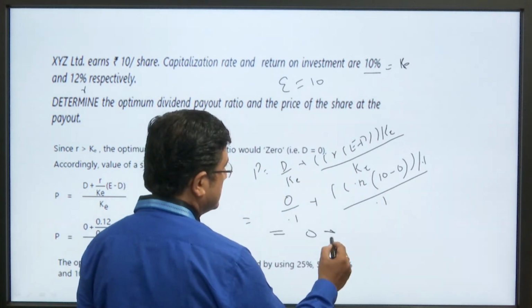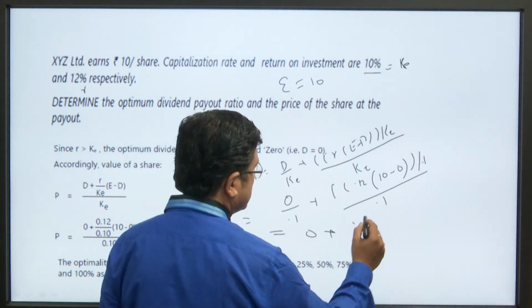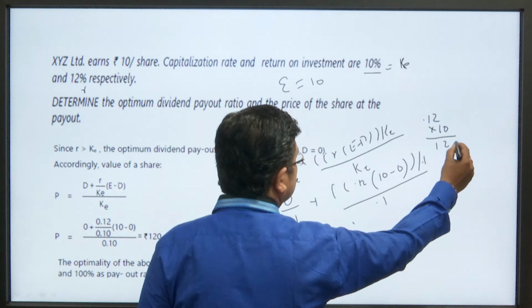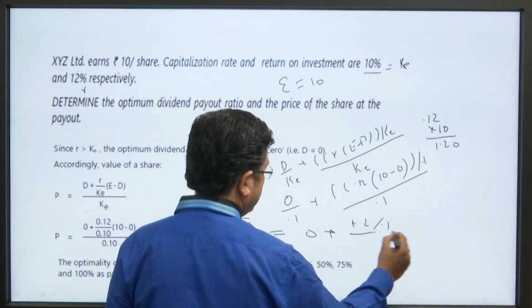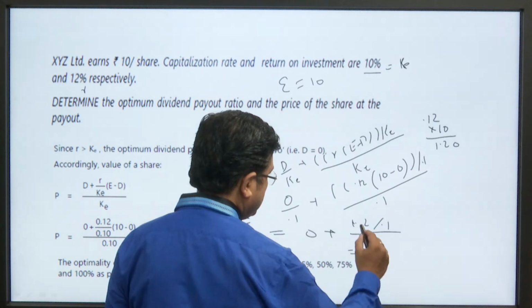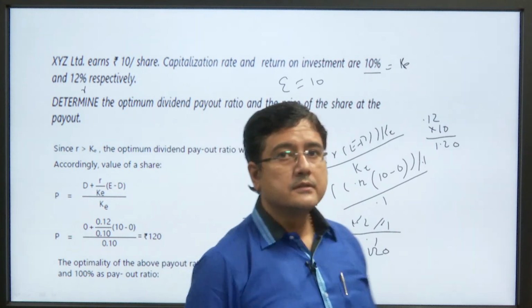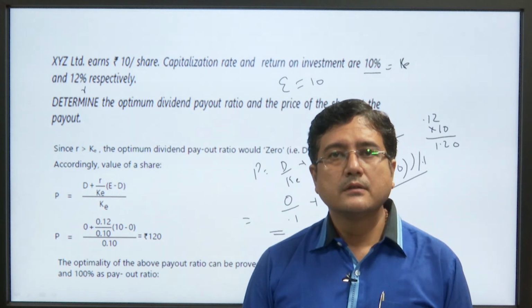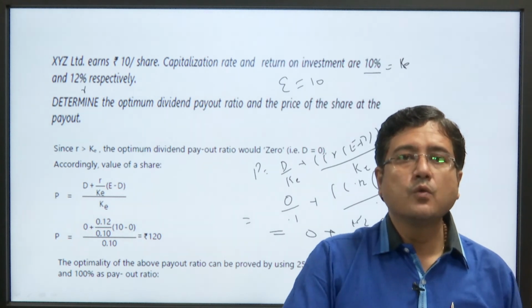So it is 0.12 into 10, that is 1.2, divided by 0.1. So, the answer is, at this point when D is 0, the price of the share is 120.